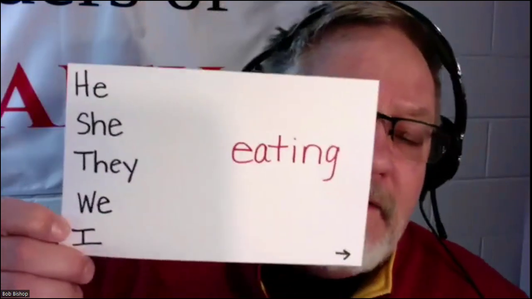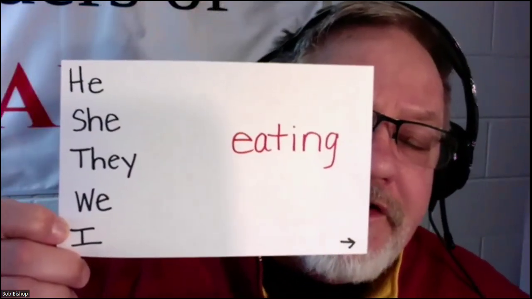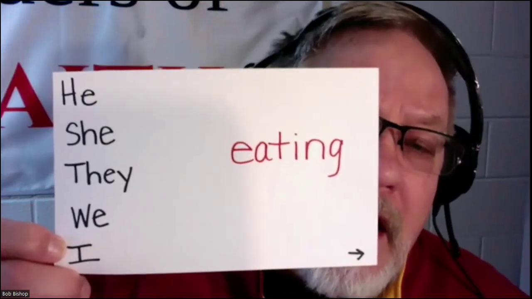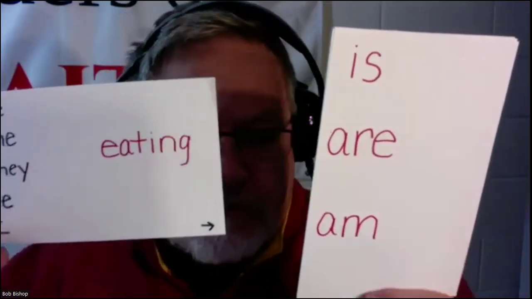If I say it is eating, it's usually talking about like a pet, your dog, your cat. It is eating. Okay. So it should be in there. I don't have that in there. So he is, she is, they are, we are, I am.